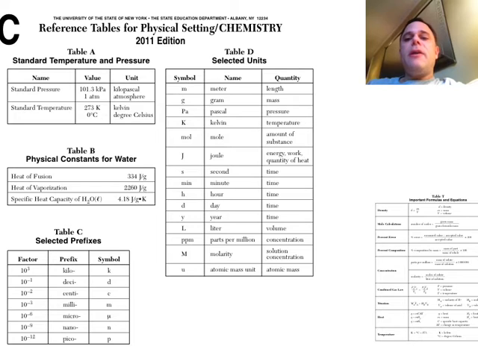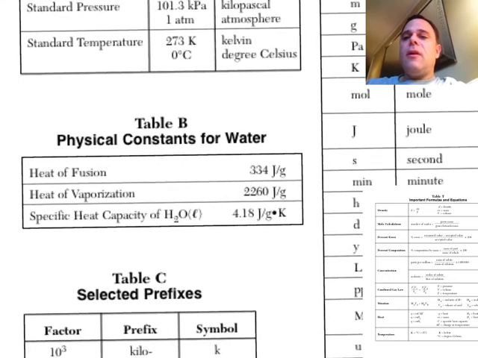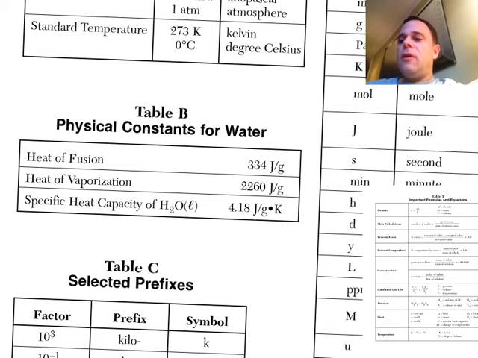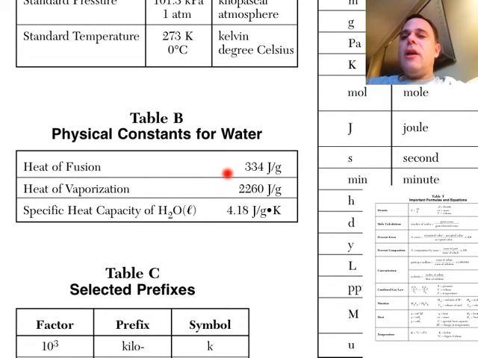So here is the first page of our reference table, and it shows you quite clearly what the constants are. So let me make this bigger. Our heat of fusion, right here, is defined as 334 joules per gram. So joules, a measure of energy.